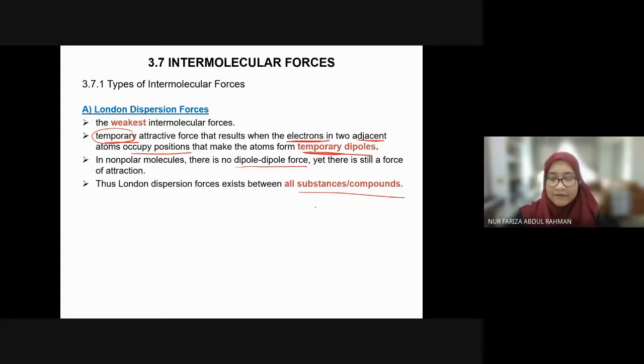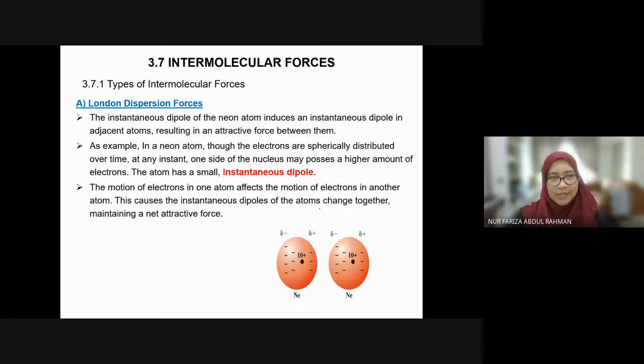They are still available for all compounds basically, okay? Alright, so in detail, London dispersion forces is the instantaneous, maksudnya dipole that forms at that instant. Pada ketika itu dia jadi. Bila dia bertukar, then dia hilang. There's no dipole. Okay, alright.